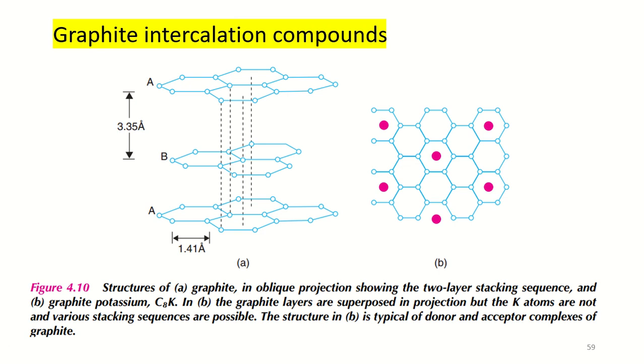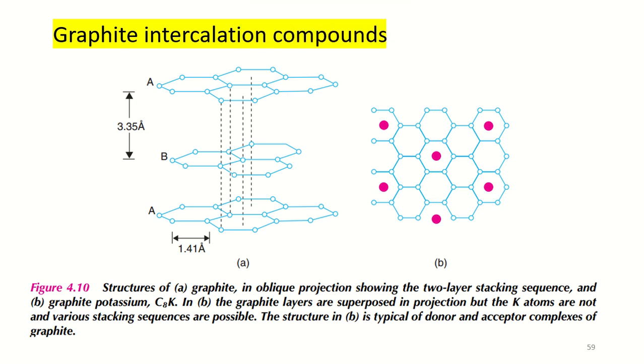Herein I would like to give an example in which the layer distance is pushed to 5.5 angstrom in C4F, approximately 6.5 angstrom in CF, and 5.4 angstrom in C8K.